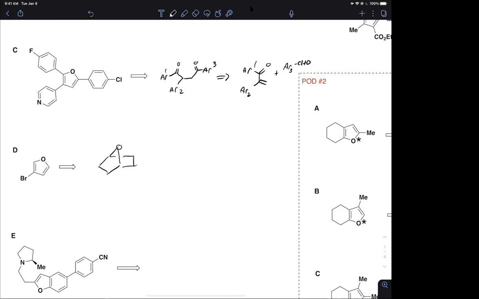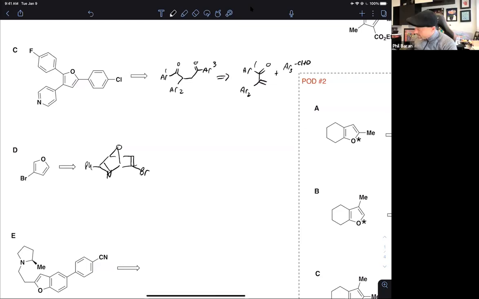Take bromoacetylene and the oxazole used in part A. Like that. Is that the idea?